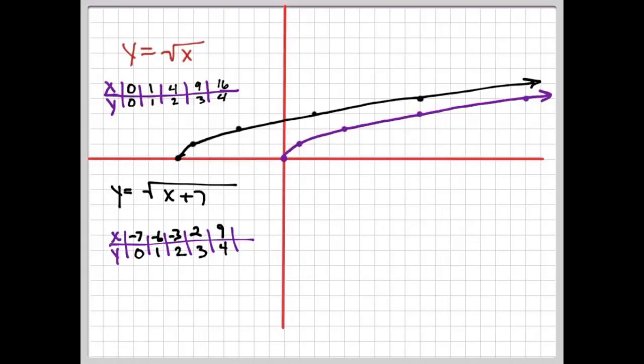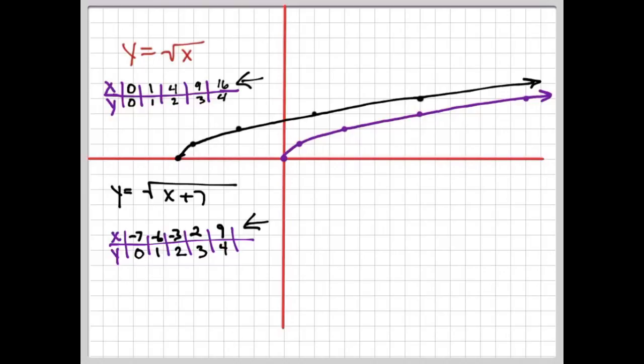Why is it that if it's x plus 7, we subtract a 7 before we add it? Why do the x ones work opposite? Why do we not just do x plus 7 to the points? Because what I'm trying to do is get these x values to behave like these x values.